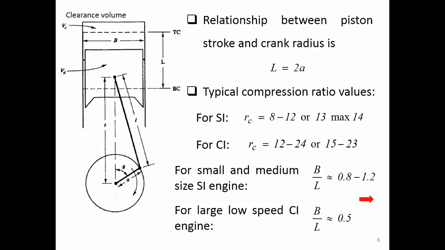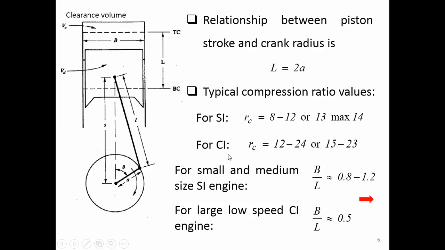But if you design a typical SI or CI engine, you can go for conventional materials. That's the reason why I give you the typical compression ratio here.